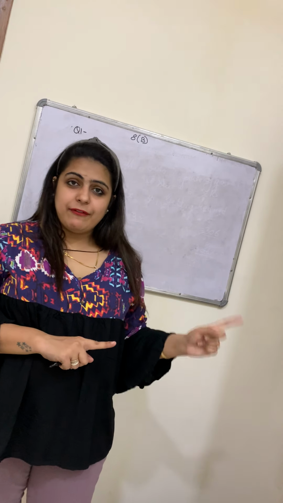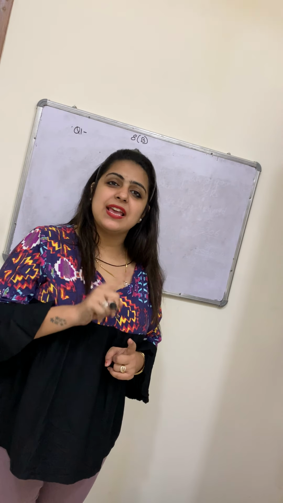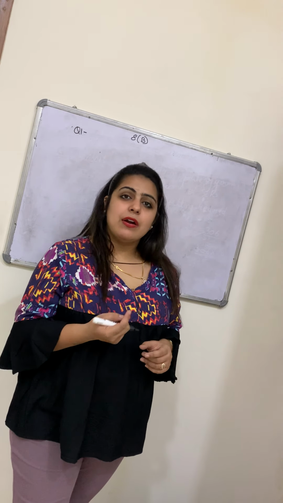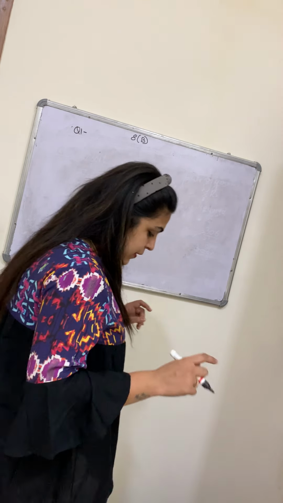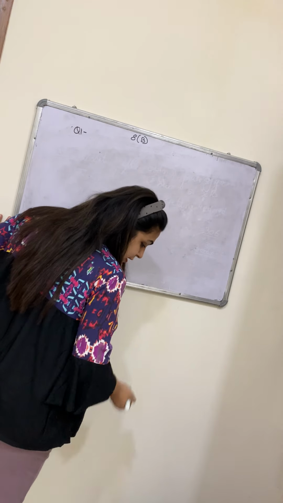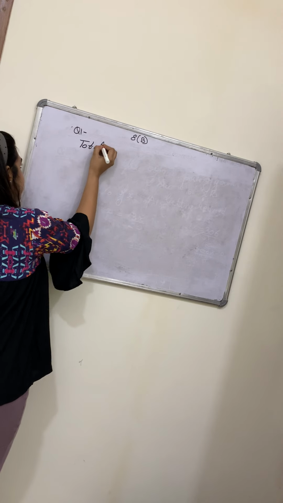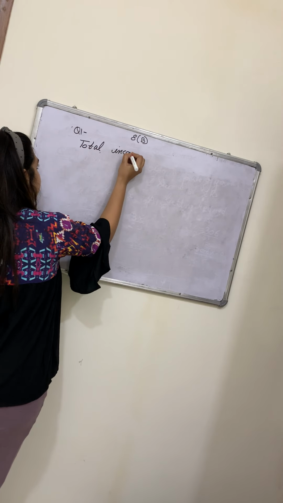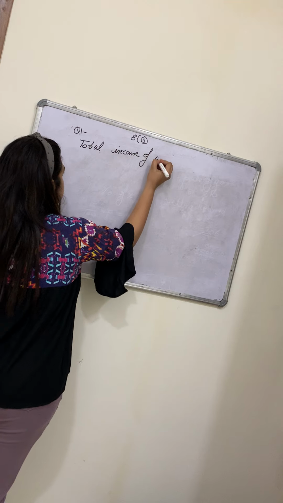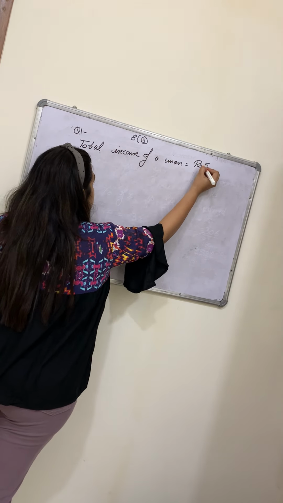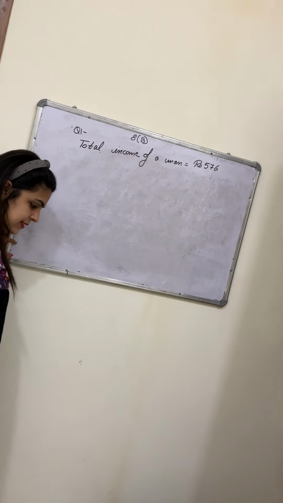Okay? They have given us the total amount he earns and the total amount he spends. We have to find the percentage of the amount he saved. So first of all, we are going to calculate the amount he saved. Then only we are going to find its percentage. So let us write down: total income of a man is rupees 576.